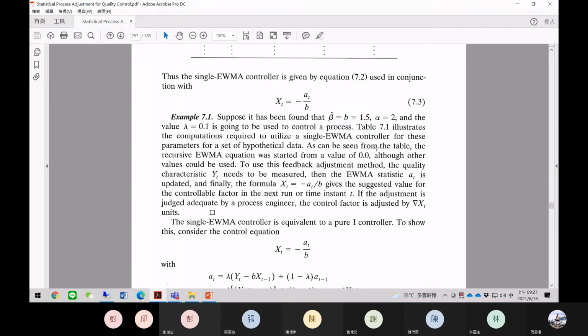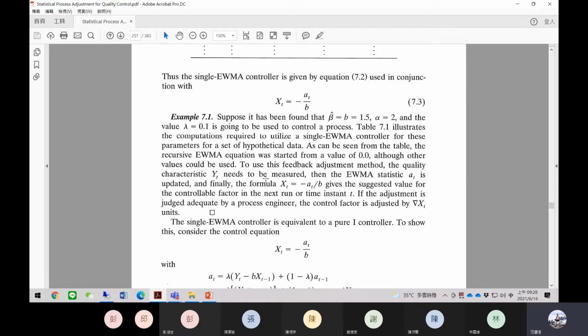Then Table 7.1 illustrates the computation required to utilize a single EWMA controller for this parameter for a set of hypothetical data. As can be seen on the table, the recursive EWMA equation was started from a value of 0, although other values could be used.